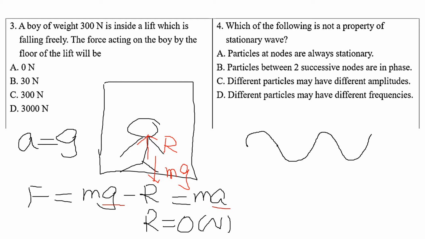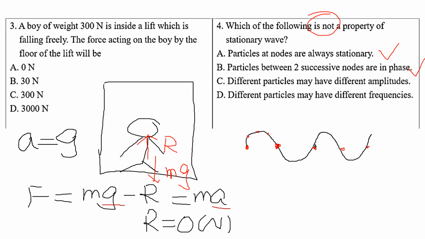These are the stationary waves, and the red dots are the positions of the nodes. The nodes do not move during the wave transfer, and the particles between two successive nodes are in phase, because they reach the maximum displacement at the same time. So that is a property, the correct property.